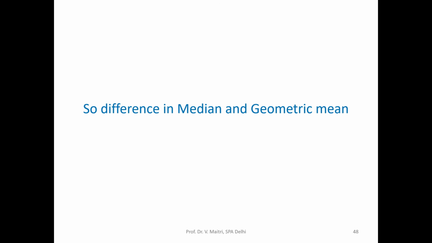So I hope the idea is clear to you, the median and the geometric mean. And so we are able to complete our location based measurement, and also the mean and median and geometric mean we have discussed today.